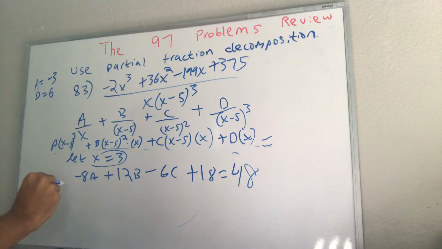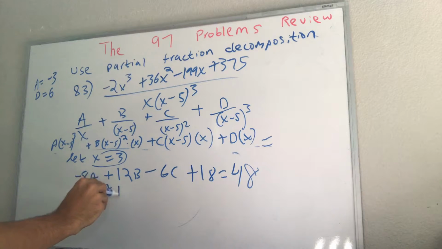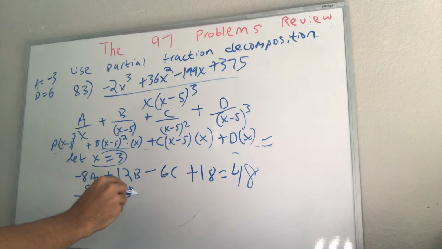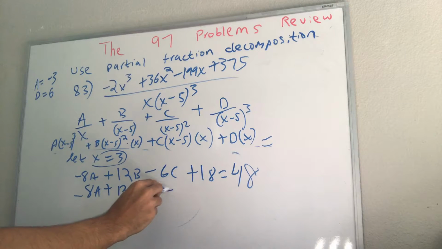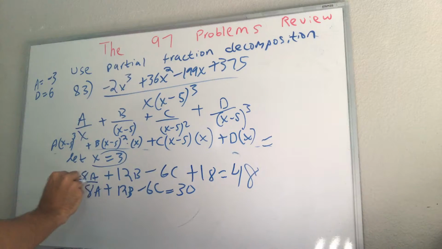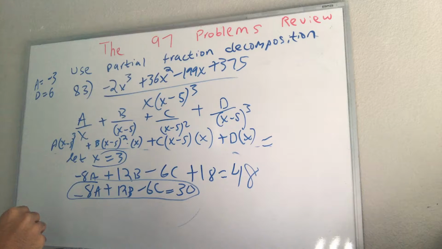And we can simplify this and we get negative 8a, right? Negative 8a plus 12b minus 6c is equal to 30. I know the value of a over here, but I just don't want to use it because I see another pattern here.